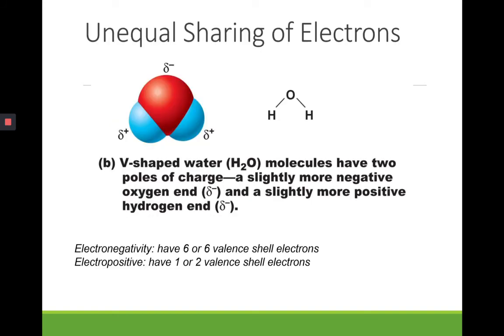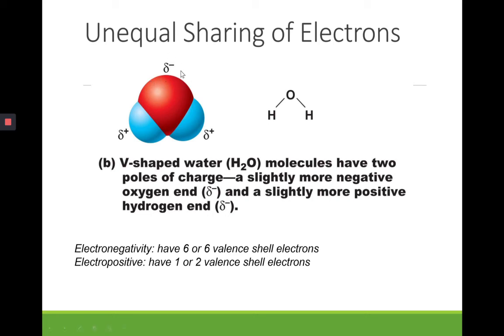Whereas with unequal sharing of electrons, you're going to have one of the atoms be slightly more electronegative or just really a lot larger than the other atoms. Here we have water, and we have the oxygen atom, which is much bigger than the two hydrogens. Kind of like a planet has a gravitational force, we can think of oxygen as a planet, and it's a much bigger planet than the hydrogen planets. It's going to pull the electrons that are being shared with the hydrogens a little bit closer to itself, so the oxygen side is going to become slightly negative.